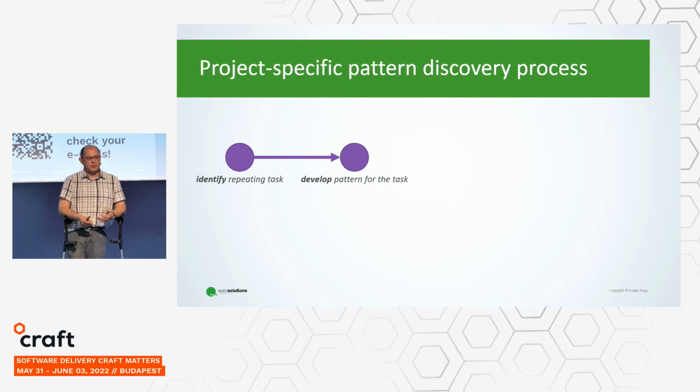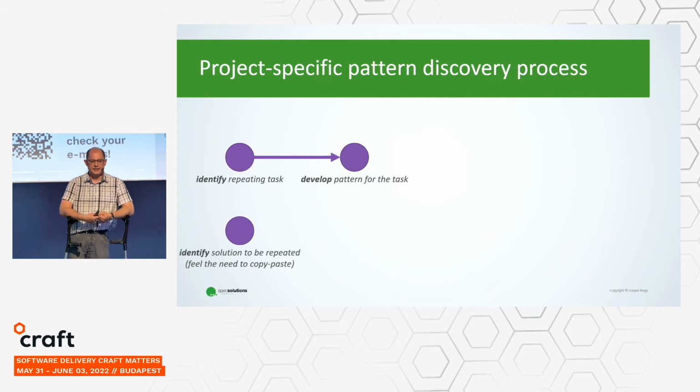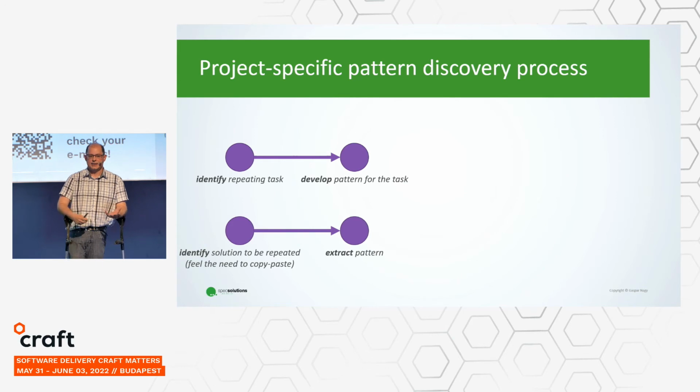But I think the more typical way is that you are not even aware that this is a repeating task, but you have to watch for that feeling where you would need to copy-paste something. Then, instead of copy-pasting, you extract the thing into a pattern, and this is how the initial steps are made to have a project-specific pattern.